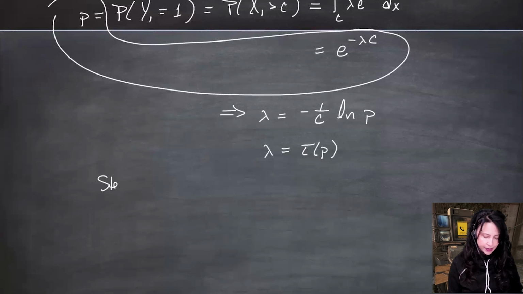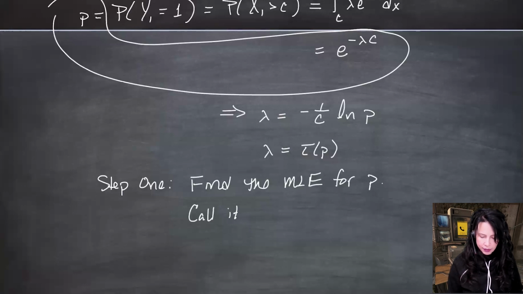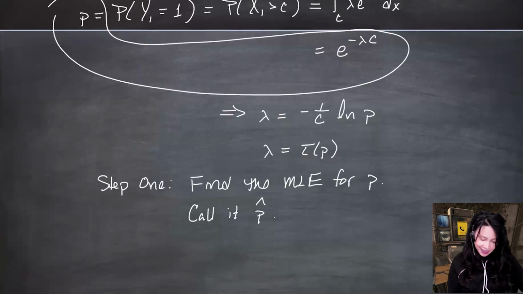So step 1 is going to be to find the maximum likelihood estimator for p, and I'm going to call it p hat. You could put the subscript n if you want, but I'm not doing any convergence here, so I don't need to see that n.